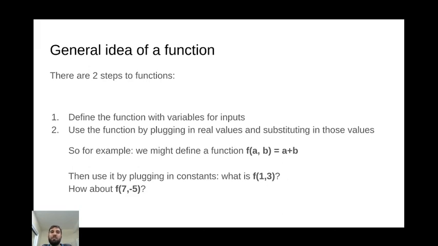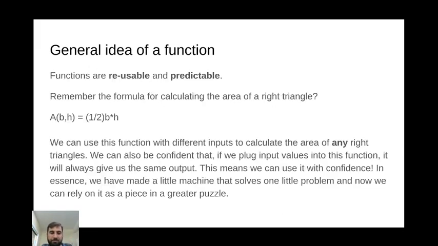It's the same as the ship captain just saying, how's the engine? The input is a request: tell me the status of the engine. Then the output is good or bad, right? But all the steps in the middle could be a lot of stuff. So functions are reusable and predictable.